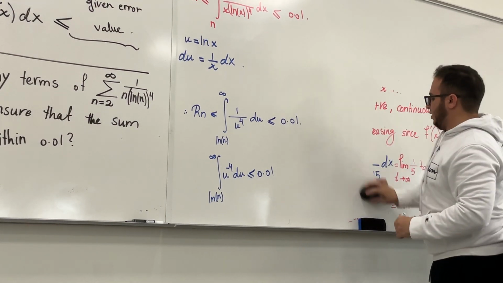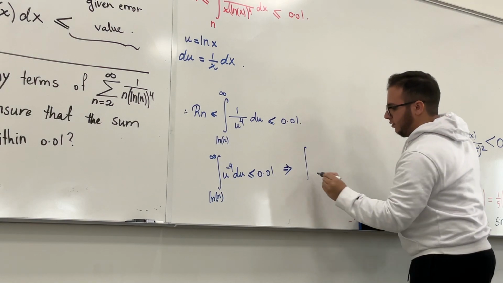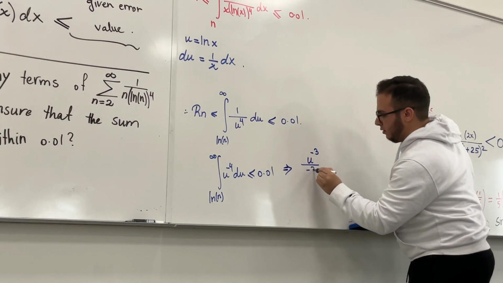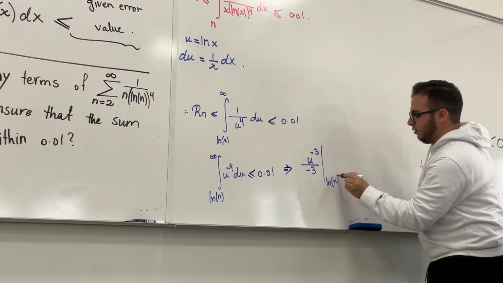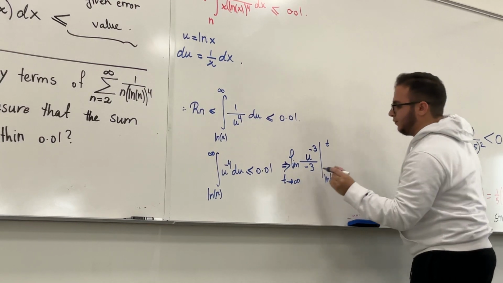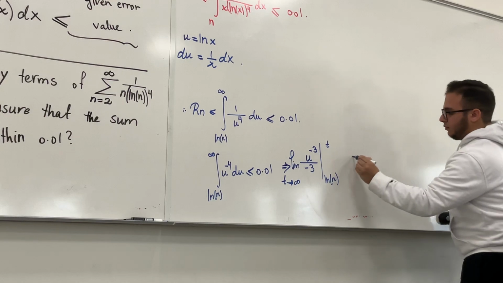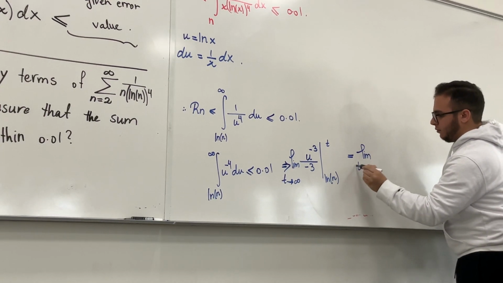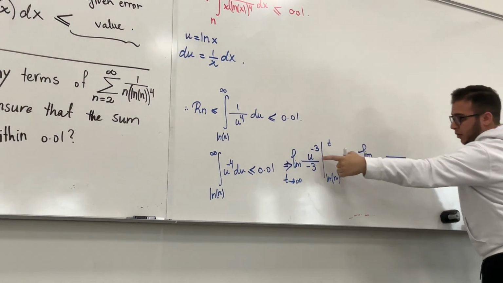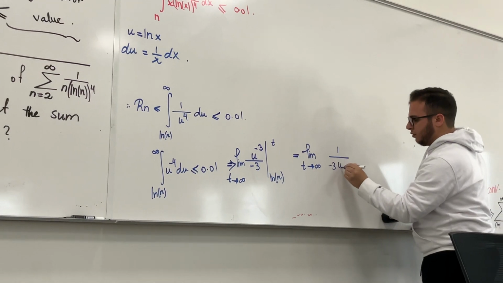Negative 3 over negative 3. Okay? So integrate it, and then from ln n to t, with the limit as t goes to infinity. And this becomes what? u to the power minus 3, you can write it as 1 over u cubed.